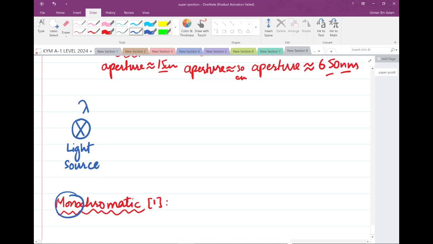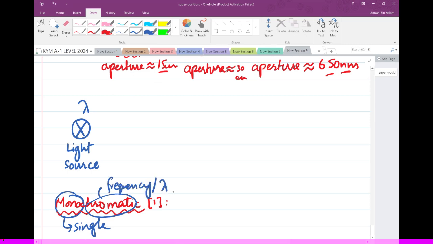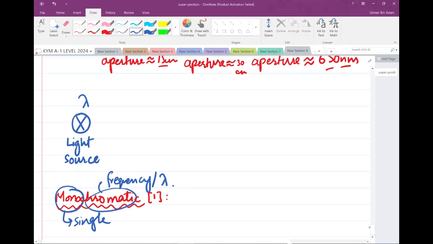Mono means single, and chromatic means frequency or wavelength. So if I say a wave is monochromatic, that means the wave only has a single frequency and the frequency is not changing.